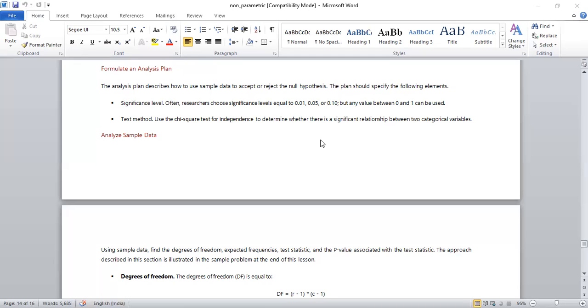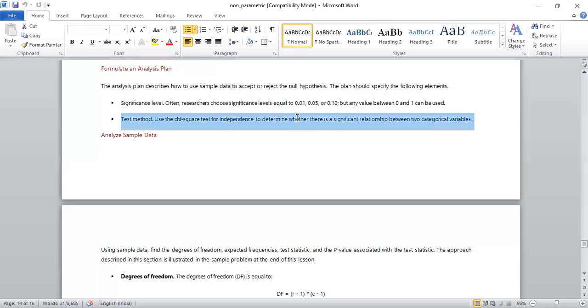But what does the chi-square statistic determine? It is used to determine whether there is a significant relationship between two categorical variables. Which two categorical variables in the given example? Gender and voting preference. Yes, these are the two input variables which are categorical by nature.